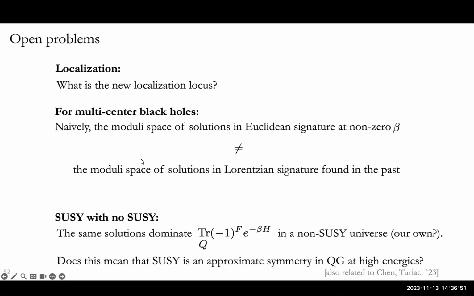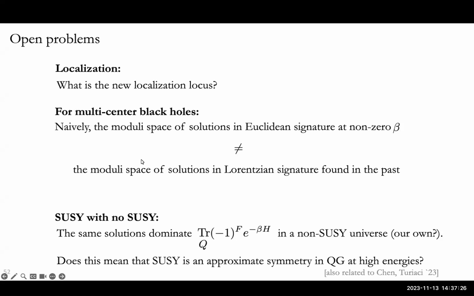And finally, the solutions that I described in the first part of the talk that compute the trace of (-1)^F e^(-beta H) didn't actually require us to work in a theory of supergravity. If I just take Einstein-Maxwell theory in our own universe and compute this trace through a Euclidean computation, I will still find that the leading saddle contribution to the gravitational path integral takes the form of an index.